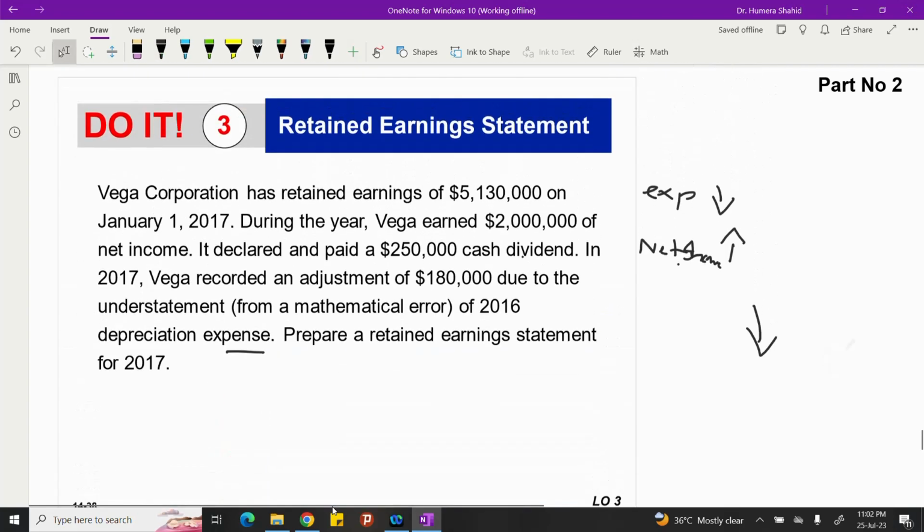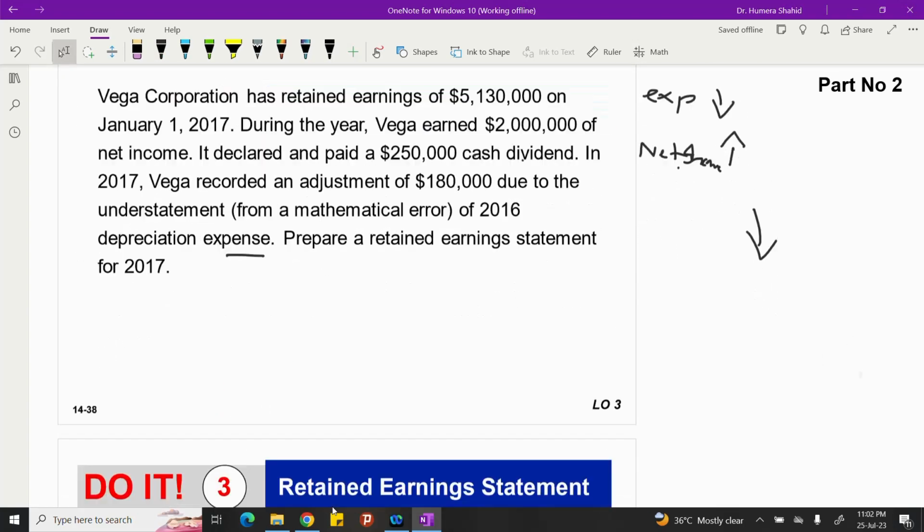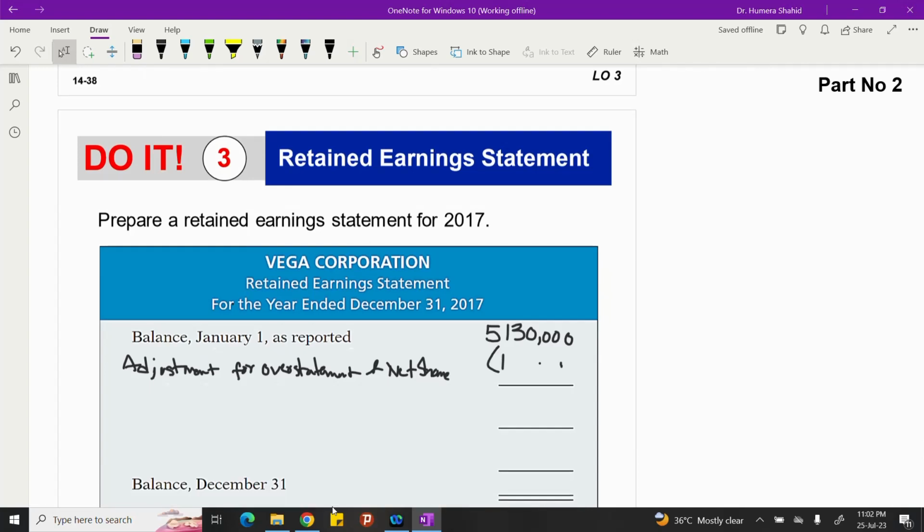How much was that? That was 180,000. So I'm going to reduce now 180,000. So 5,130,000 minus 180,000, you get 4,950,000. So this is the adjusted balance on January 1st. Then add the net income.